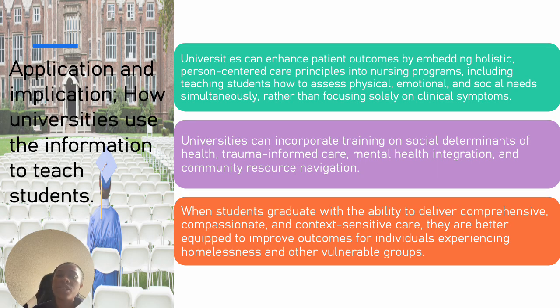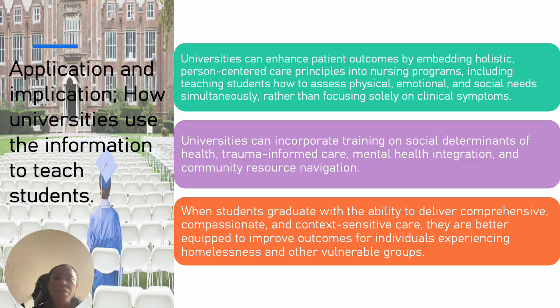So, universities can improve patient outcomes by teaching holistic, person centered care. This includes integrating training on social determinants, trauma informed practices, and mental health, as well as community resources.